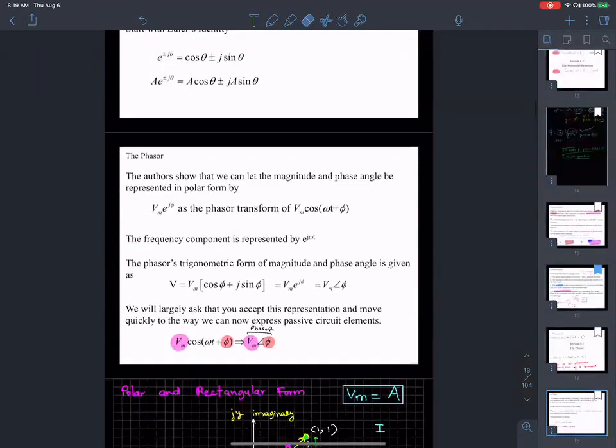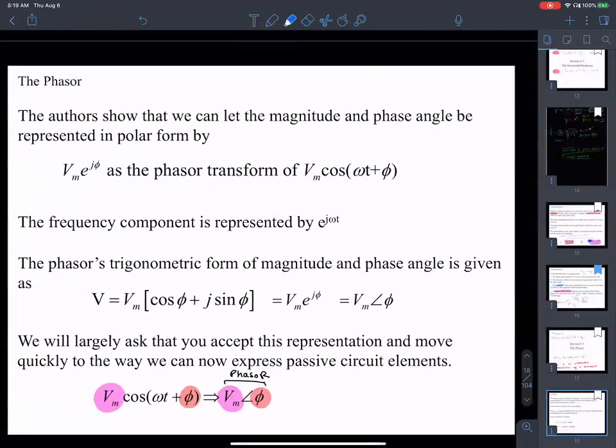One of the things I did not spend a whole lot of time talking about is that this Vm e to the j phi is the phasor transform of Vm cos(omega t plus phi). Let me write that down.